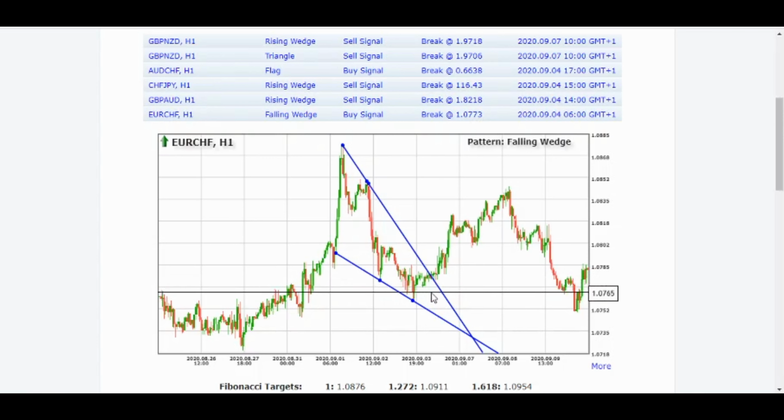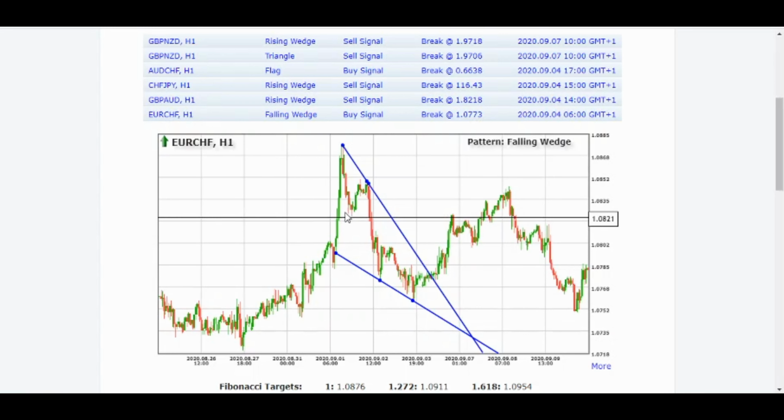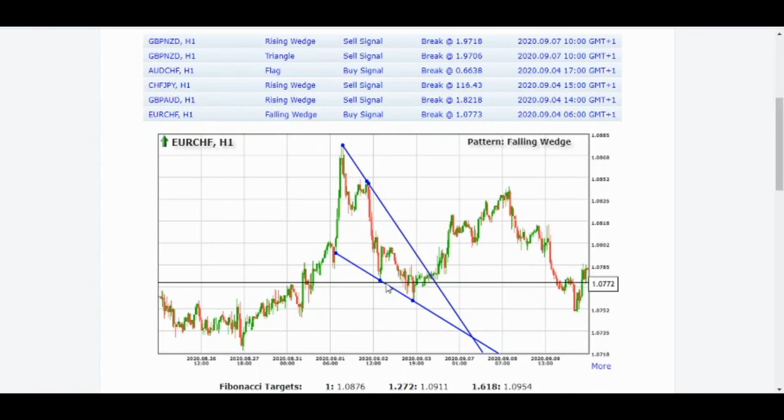And then after the breakout, we got like 1, 2, 3 dojis. The price started to go up. But for me, this price action is not very reliable, because speculation is too high here. Doesn't give any safety. It's not safe for me according to my rules.